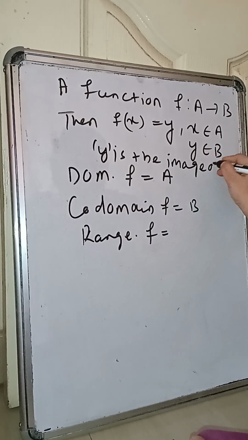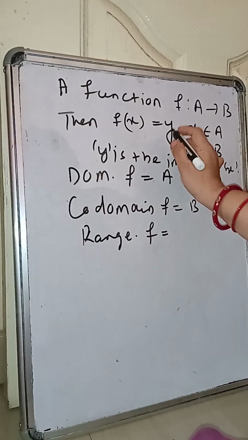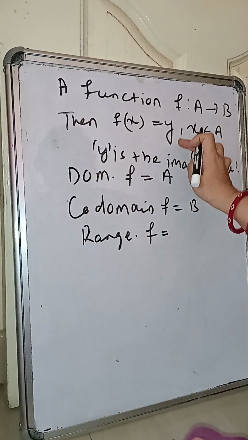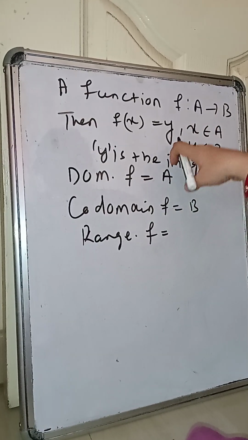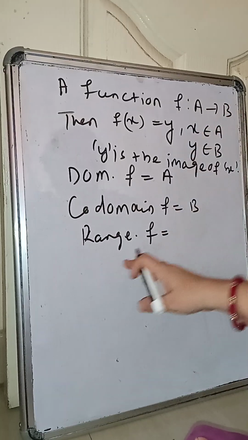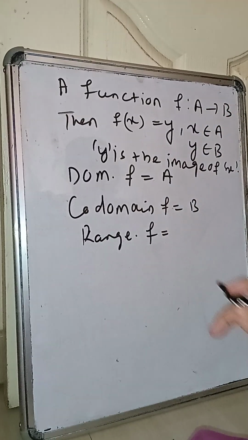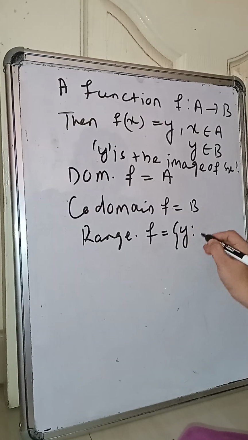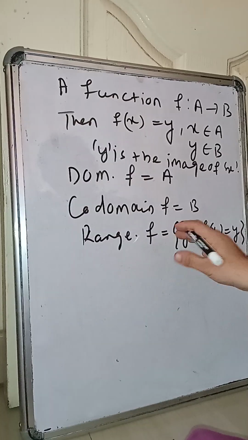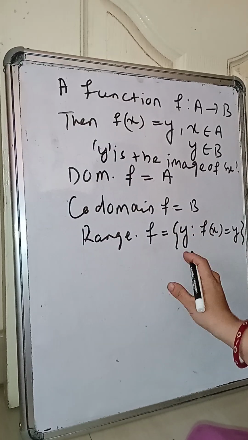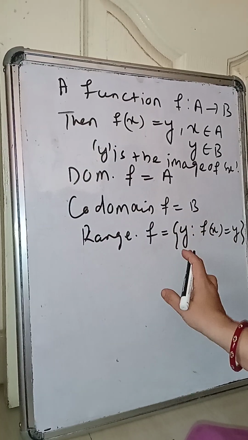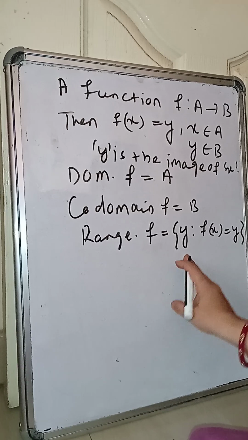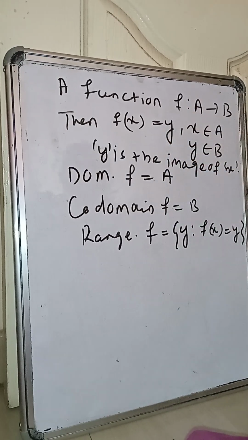If we collect all the images for each x belonging to A, that is nothing but the range of the function. So the range of the function is the collection of all y such that f(x) = y. In other words, it is the collection of all images of the function f.